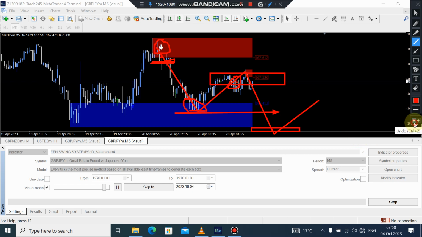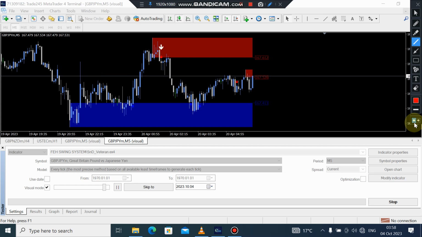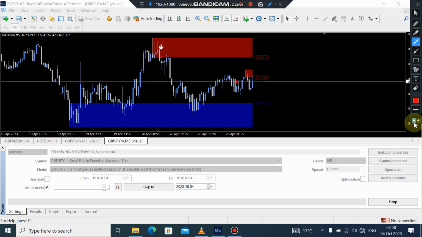It's lower low, lower high, lower low, lower high, and then in an uptrend it's going to be higher high, higher low, higher high, higher low. So let us see what's going to happen here.